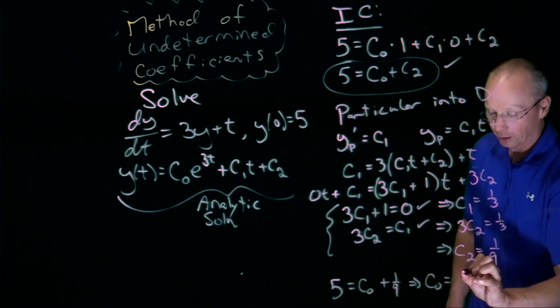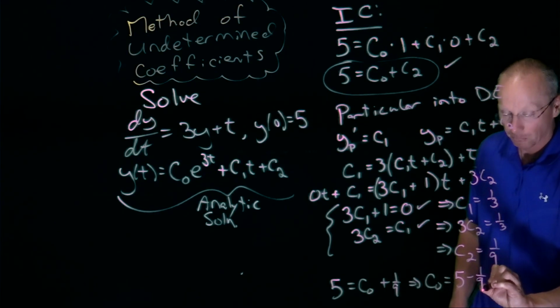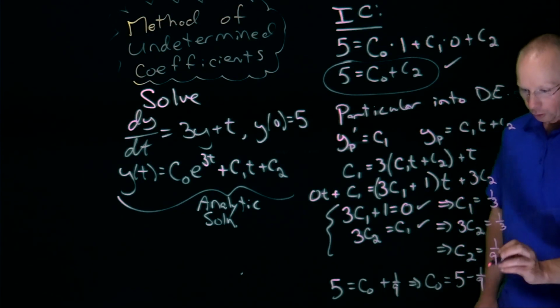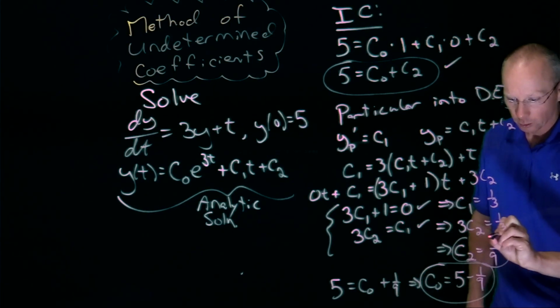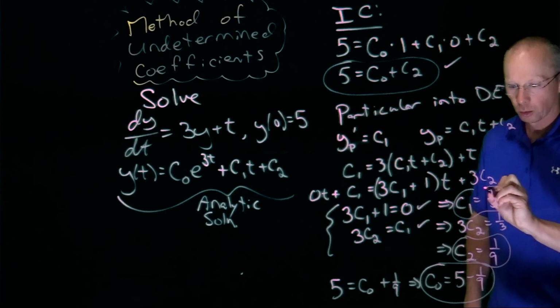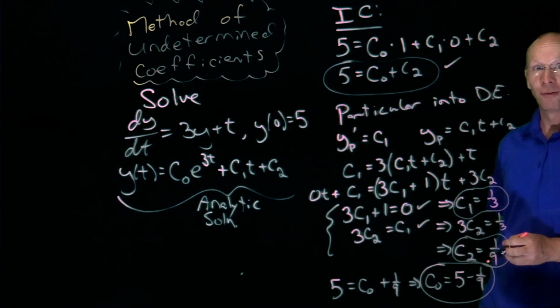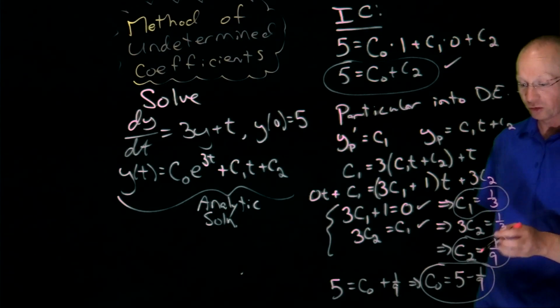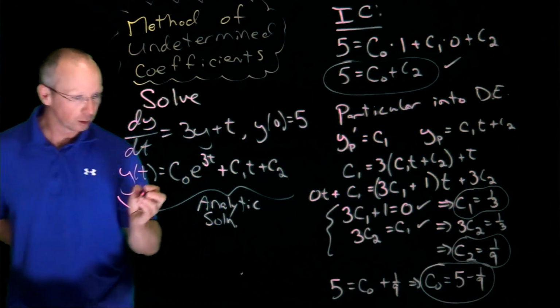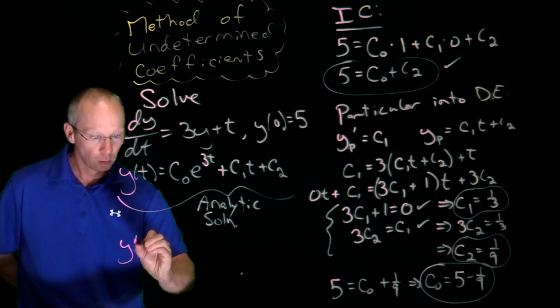So c0 is 5 minus 1/9. So now what I have is 1, 2, 3 coefficients, which I've now finally nailed down. I've determined the undetermined coefficients, and I can come back over here and write down my solution.